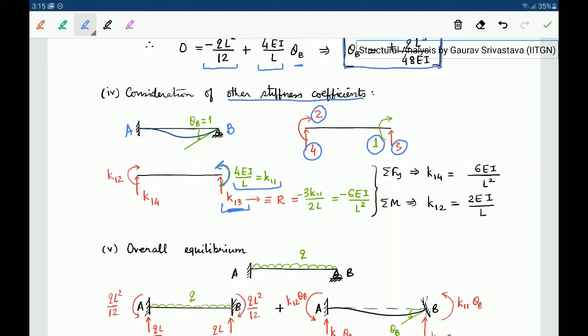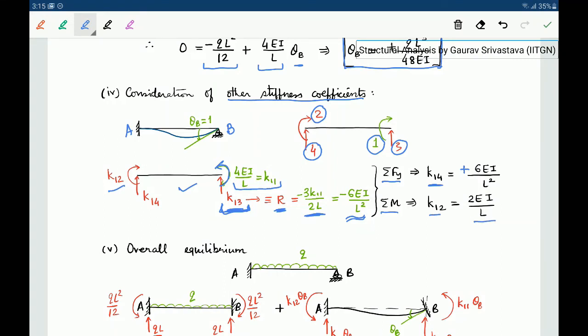So that is the stiffness coefficient K13, and this we see is equal to R, the support reaction that we had calculated, 3K11 by 2L, so that comes out to minus 6 EI by L squared. And then we can apply the vertical force equilibrium for this beam. From there we can calculate K14 as plus 6 EI by L squared, and then we can apply moment balance and find K12 as 2 EI by L.